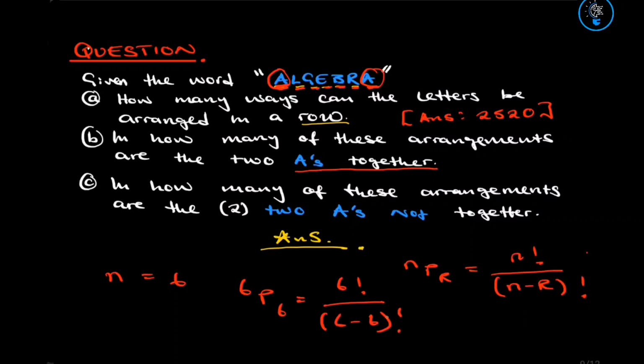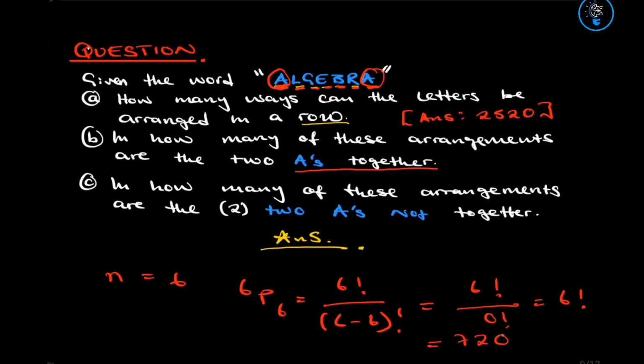So let's put a 6 there, which will be equal to 6 factorial divided by 0 factorial, which is the same as 6 factorial. And when you plug this into your calculator, you're going to get 720. Yeah, 720, that will be your value.